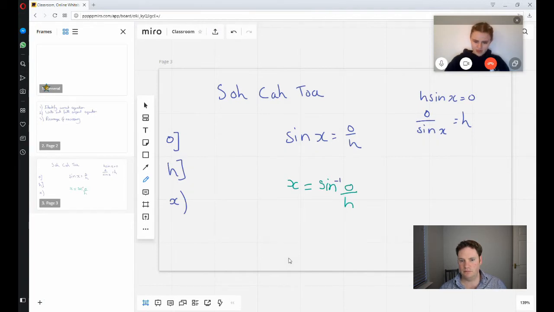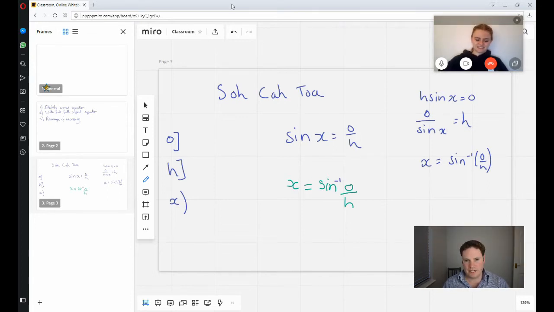Oh yeah, I forgot about that one. So we have our three ways we can rearrange these. And obviously it's the same for sine, it's the same for tan.